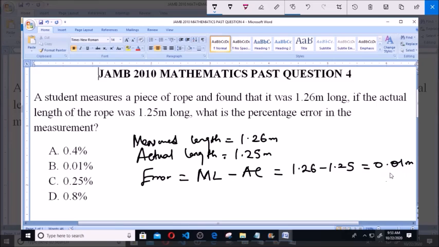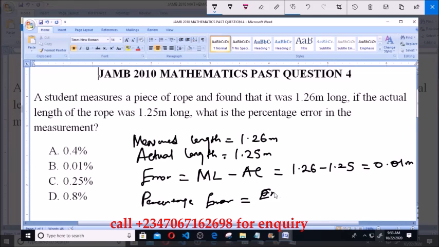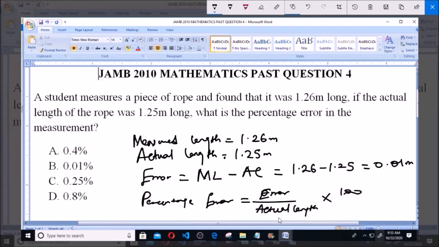But we are asked to find what? We are asked to find the percentage error in the measurements, not the error. So percentage error in the measurement is equals to the error all over the actual length, error over actual length multiplied by 100, and that is equal to error, which is 0.01 all over the actual length, 1.25 multiplied by 100, and this is equal to 1 all over 1.25, and that is equal to 0.8.